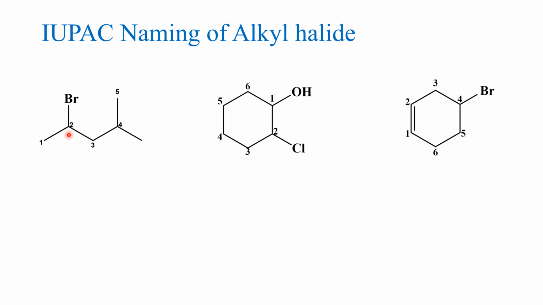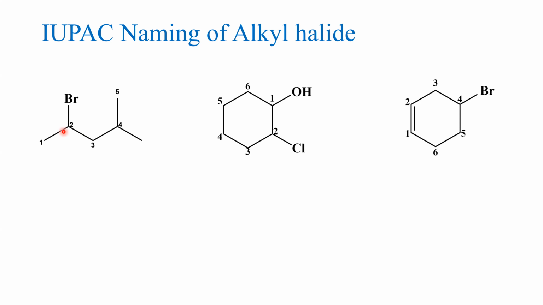If you go for this one, the longest chain is 1, 2, 3, 4, 5. I mention from which side you will start the numbering, because if I start numbering from this side, 1, 2, 3, 4, 5, I am assigning this carbon the higher number.